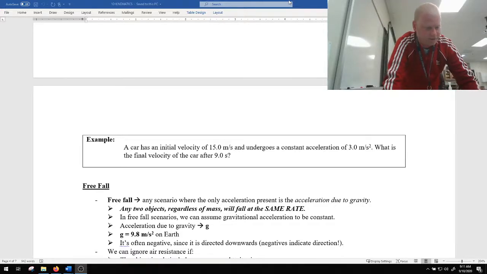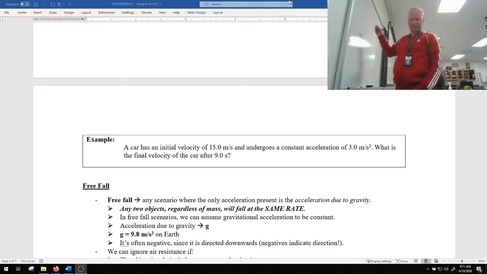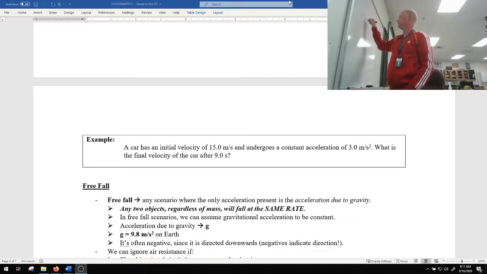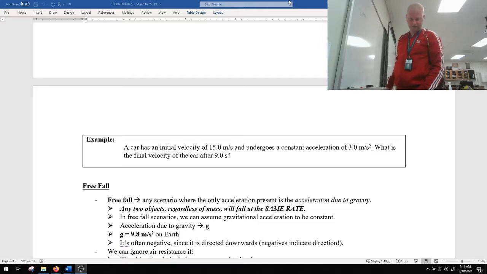Alright, so let me list my givens here. We know that there's an initial velocity, so V naught is 15 meters per second. Acceleration is 3 meters per second squared. Your time is 9 seconds, and we want our final velocity.